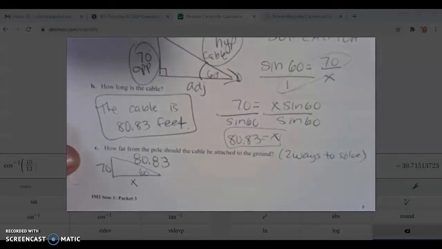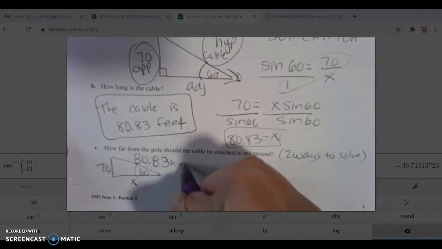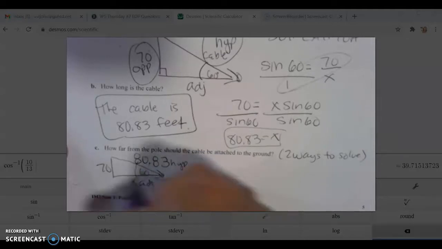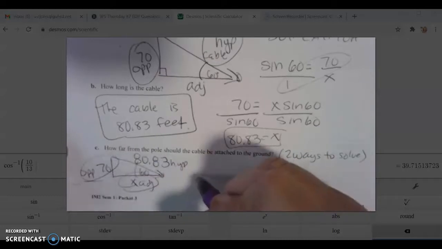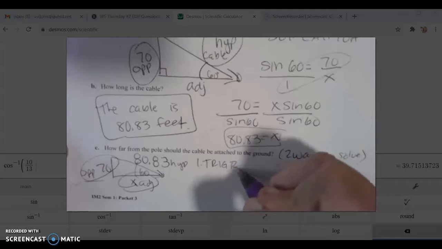Okay. We've been practicing trig functions. So let's see, this is my hypotenuse. I'm standing here. This is my adjacent. This didn't change. So now what if I wanted adjacent and opposite? Okay, one way is going to be to use the trig ratios.